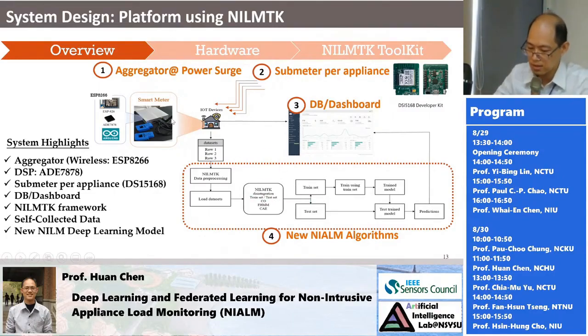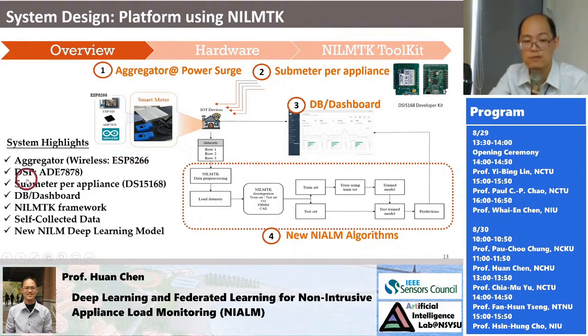So I have some system highlights in the left part. First of all, we have the aggregator. The aggregator has wireless capability, using the ESP8266. This is a popular wireless module.